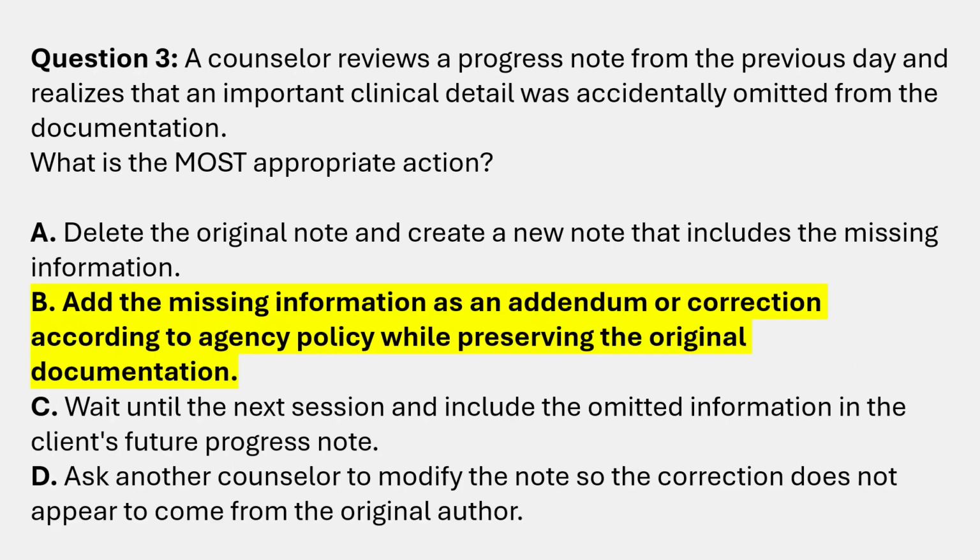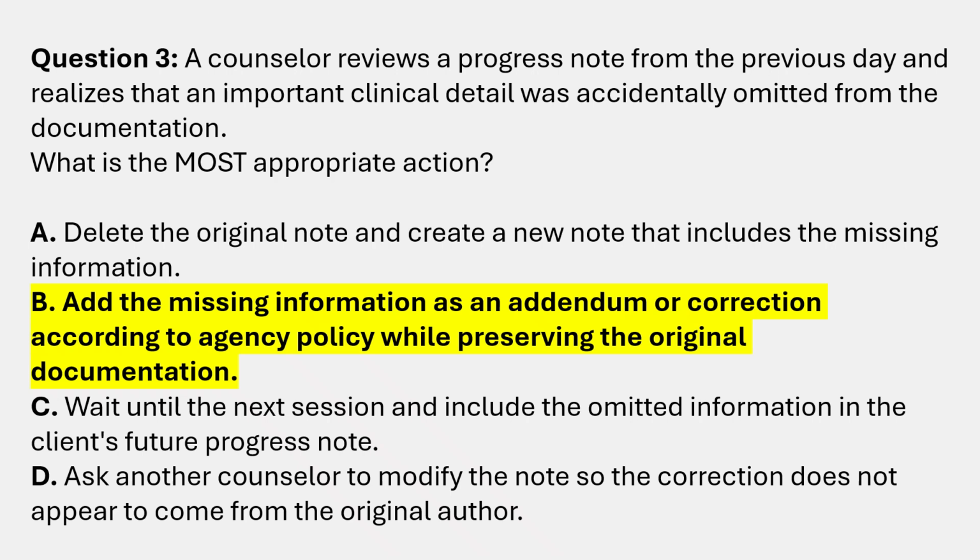The correct answer is B. Add the missing information as an addendum or correction according to the agency policy while preserving the original documentation. B is correct because corrections should be made through an addendum or an approved correction process that maintains the integrity of the original documentation. A is incorrect because original documentation should not be deleted or altered in a way that obscures the original record.